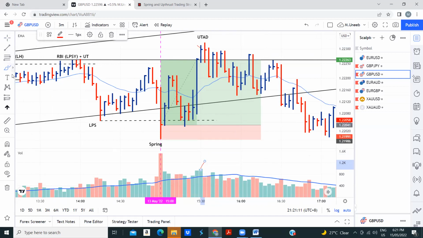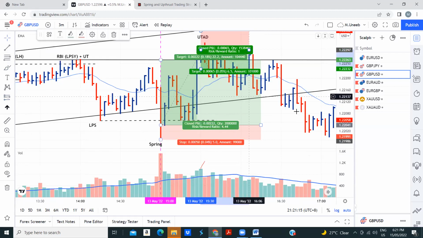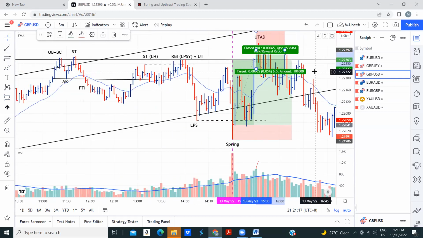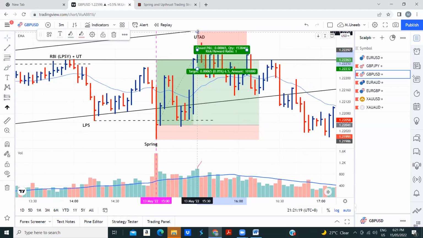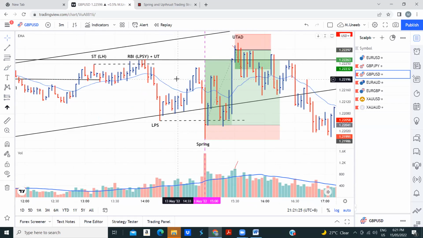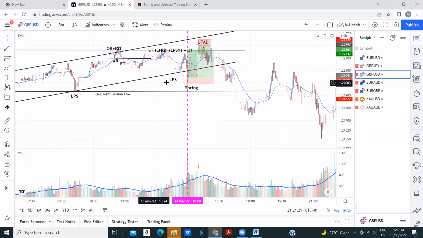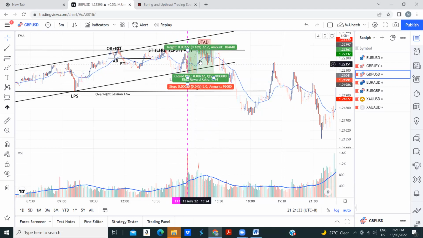So what are you going to do on the effort versus no result? You can go short immediately on this, and stop loss just below the high. And immediately, where would my target be? Overnight session low, or we can also target this one. Overnight session low is the last point here, I think, right?